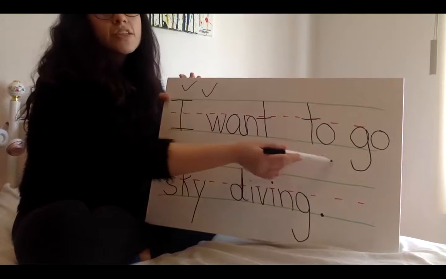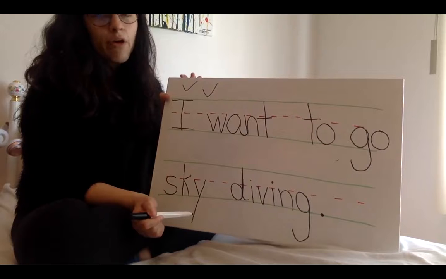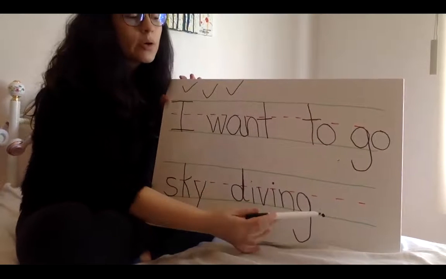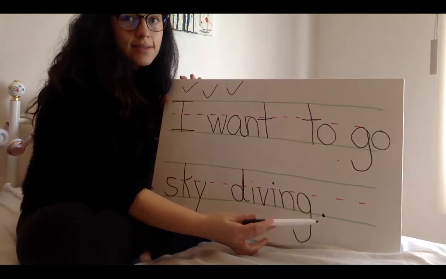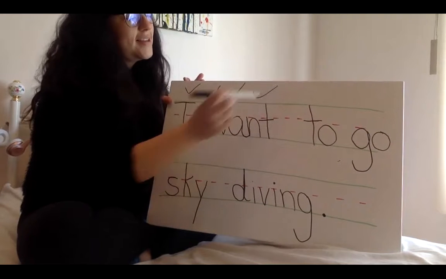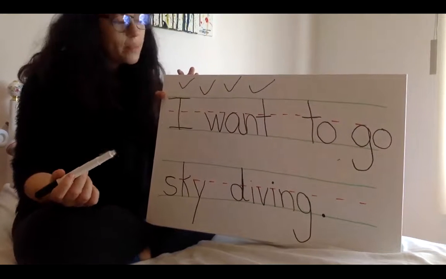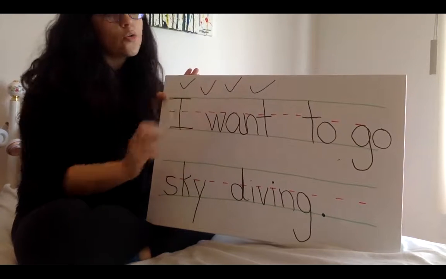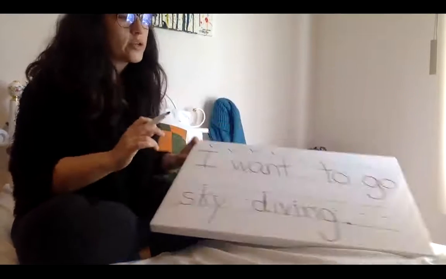And some letters, like the G or the Y, fall. Yep. And finally, did I put a period at the end of my sentence? Yes. Great job. Make sure you're checking your work to make sure that you are using your 4-point writing criteria.